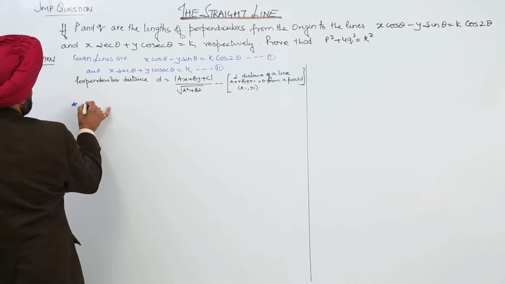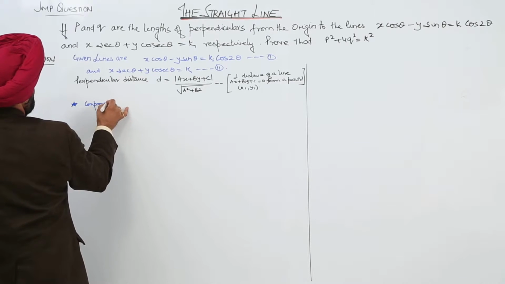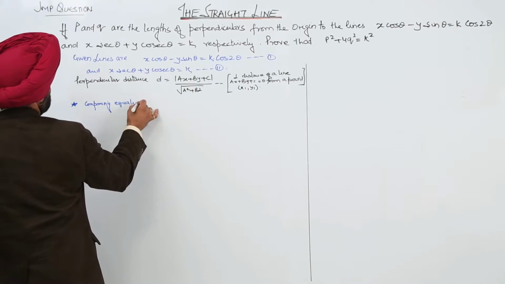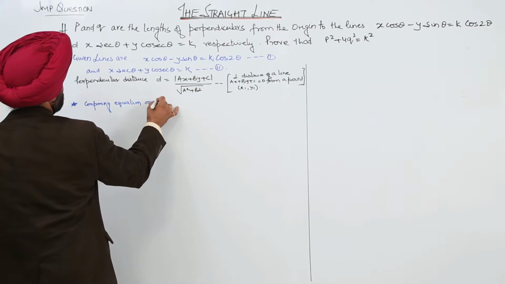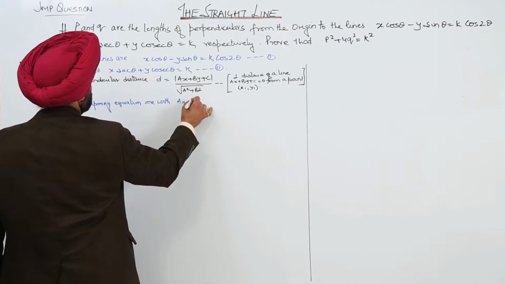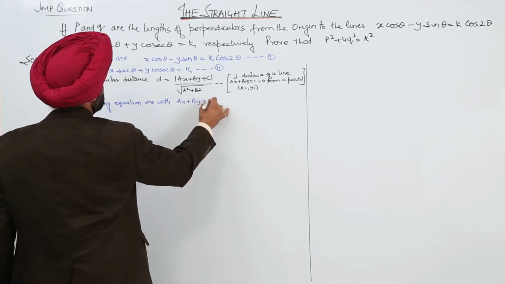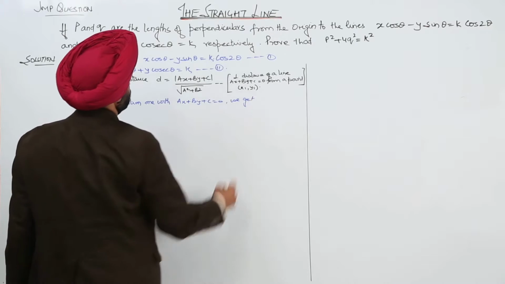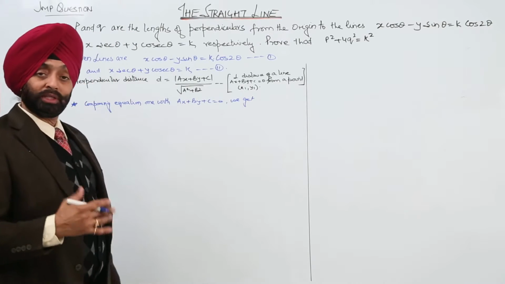Now, comparing equation 1 with ax plus by plus c is equal to 0, that is, we are comparing the given equation with the general form.